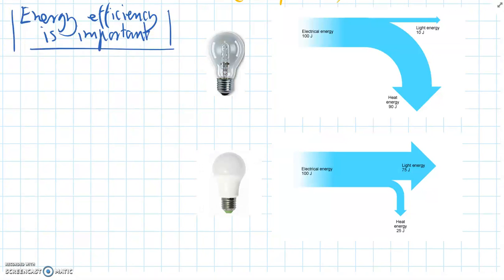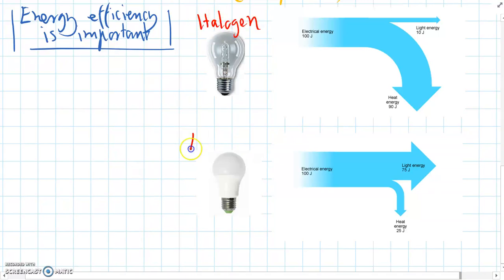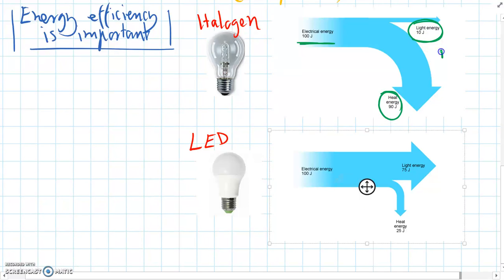If you're deciding what type of globe to put into your house, we have old-fashioned halogen globes, and we have more modern LED globes. Looking at these energy flow diagrams, we can see a halogen starts with 100 joules of electrical energy going in. 90% is lost, and only 10% becomes light energy. So a halogen globe is only 10% efficient.